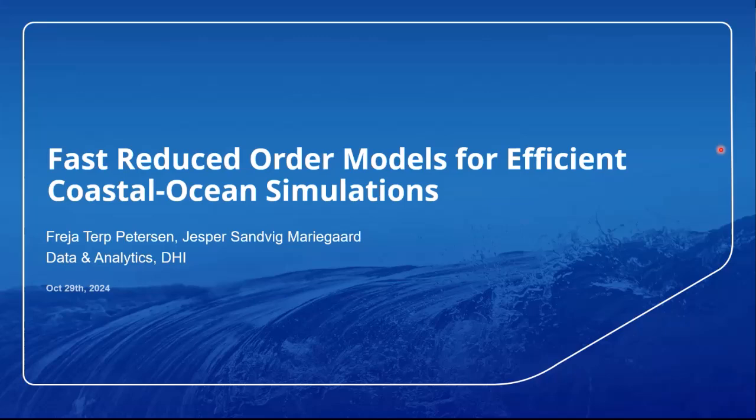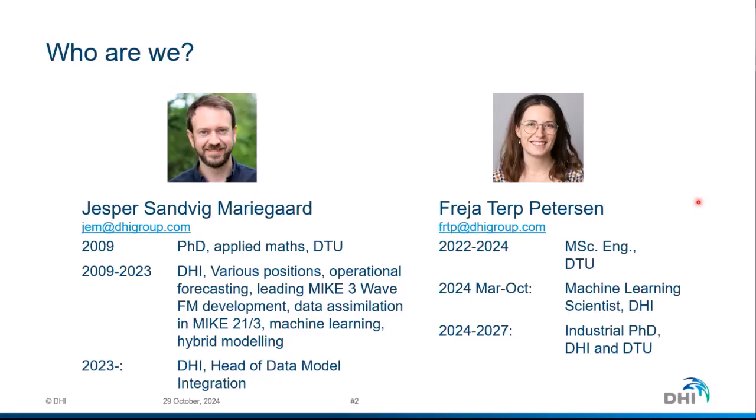But first, let's start with a presentation of who we are. My name is Jesper Marigo. I have a PhD in applied mathematics from the Technical University of Denmark. I've been in DHI for 15 years in various positions, working on operational forecasting and wave modeling.